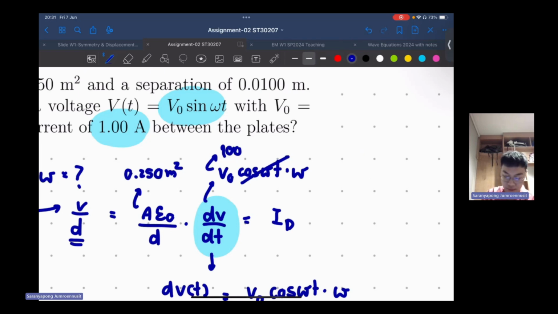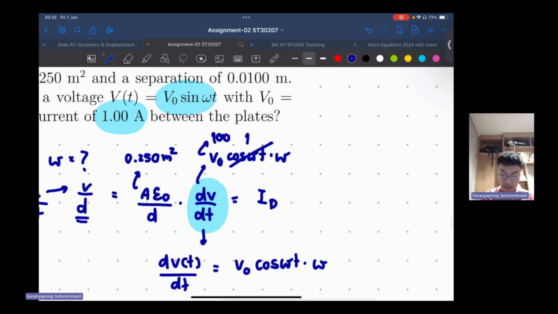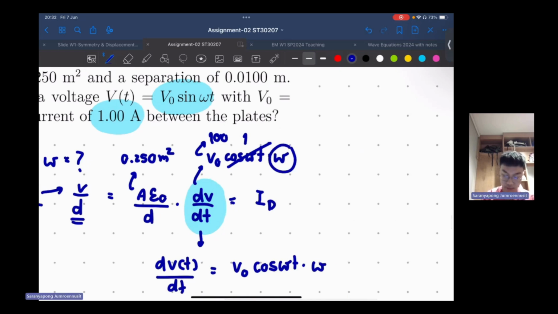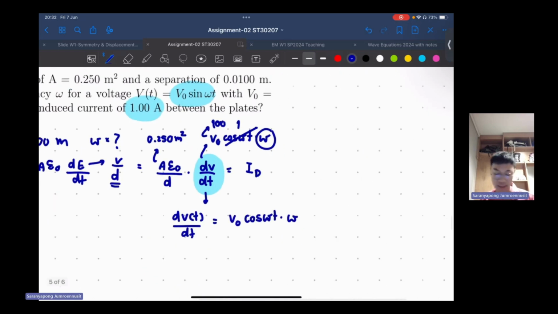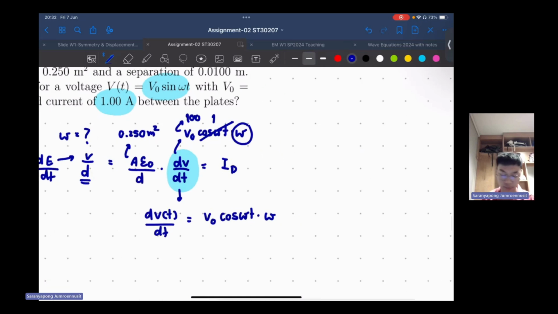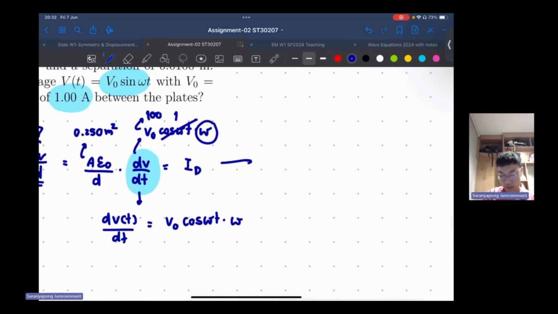So we just substitute this cosine function with 1. It will give us the maximum value of dV by dt, which will in turn give us the maximum displacement current. And we will leave this angular frequency here because it's the thing that the question prompts us to find.